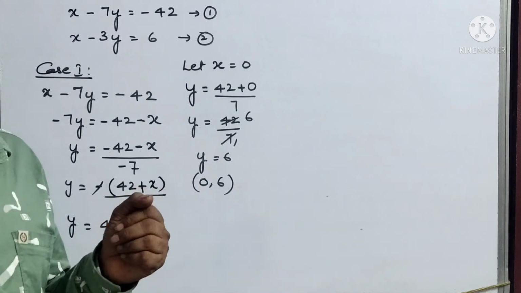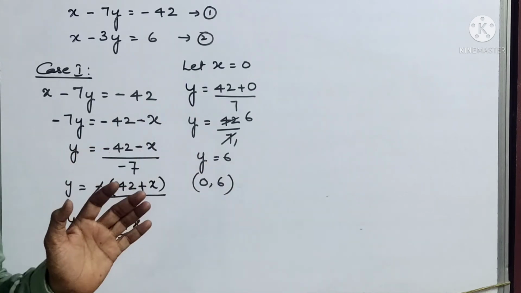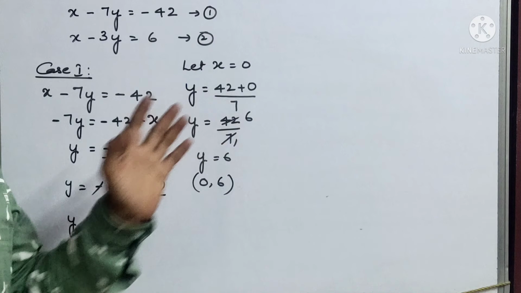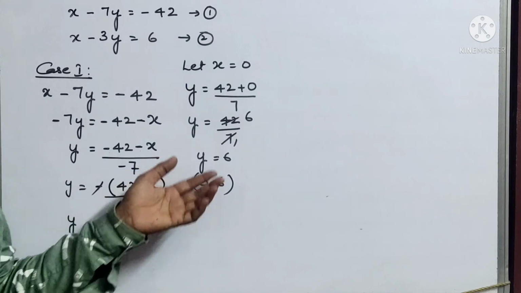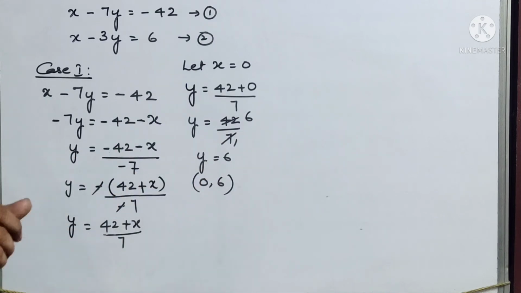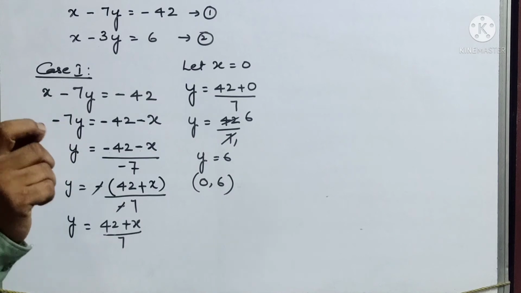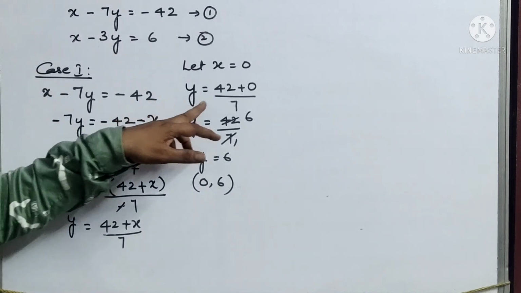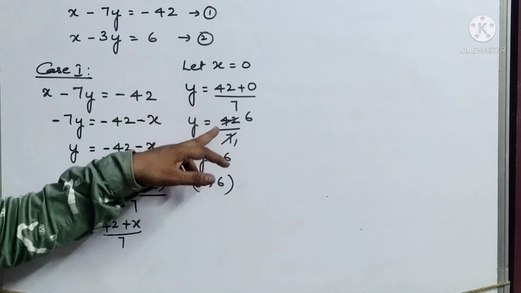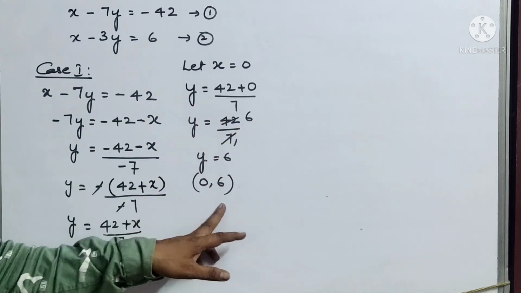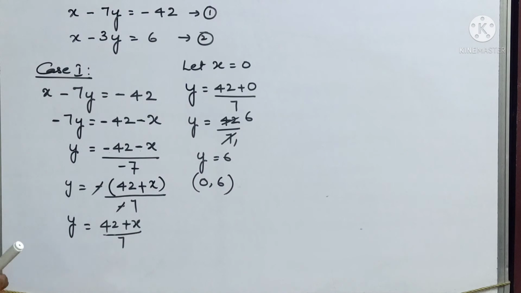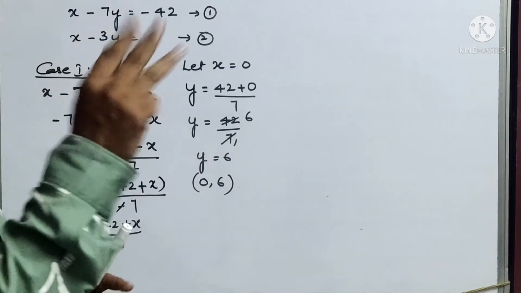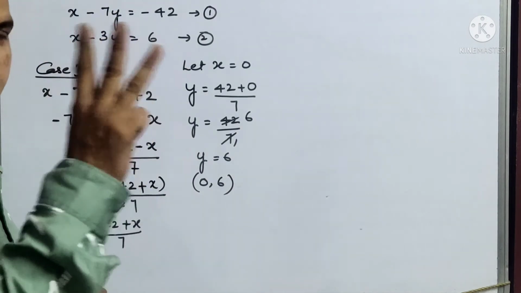If you get also no problem, but try to avoid that. Okay, to avoid confusion in plotting the points, try to avoid in getting the decimals. So that's why you have to know the tables and addition and subtractions very clearly. Okay, see here, I took here x 0, so 42 I got 7 tables and 6, so 0, 6 is 1 point. Like this, at least for 3 points you can do, at least for 3.